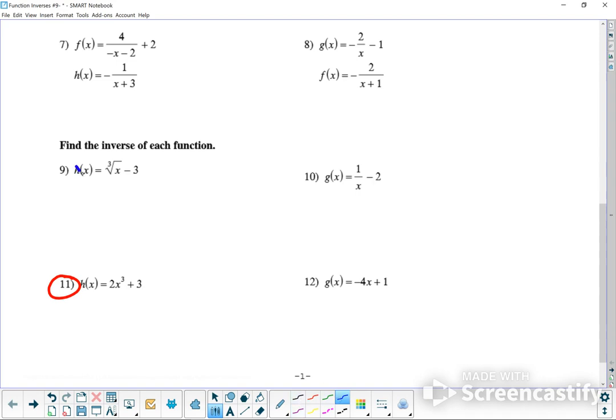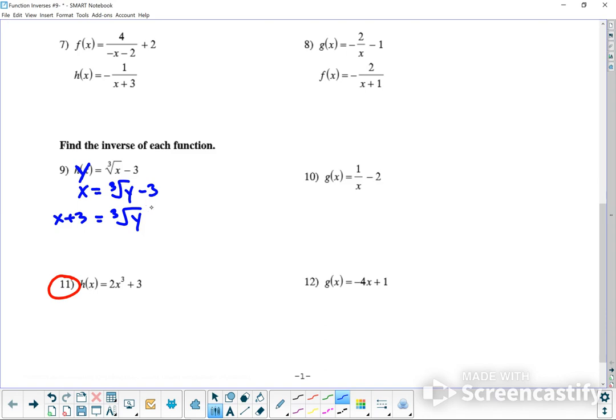Okay, so we'll call this y. Then we will swap x and y. So we will have x equals cubic root of y minus 3. And we're going to add 3. I'm not going to write in the little steps, but we're adding 3 to both sides. So it'll be x plus 3 equals cubic root of y. Now to get rid of the cubic root, we're going to cube both sides.